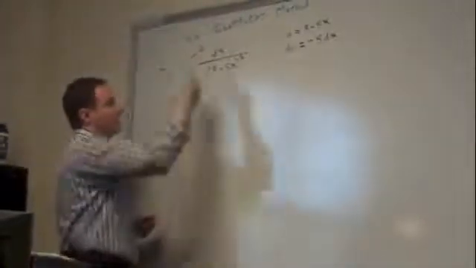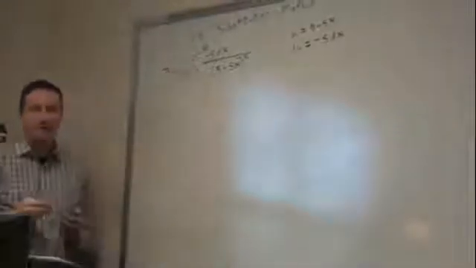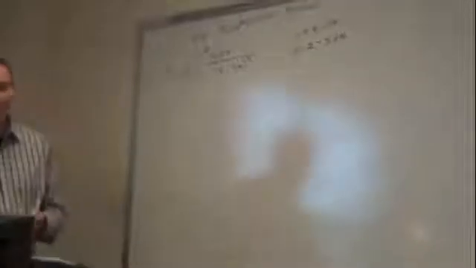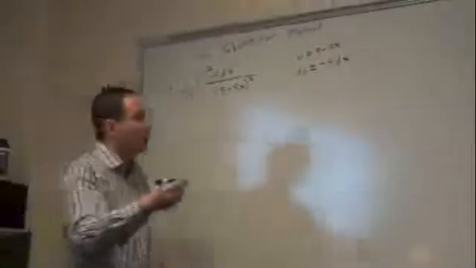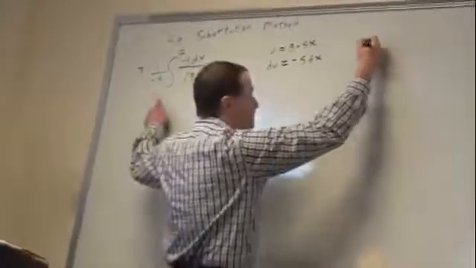Before I worry about my limits of integration, I'm going to go back and make sure this problem works. I need to see a negative 5 dx on the inside. So I'll say, well, that means I need to multiply the inside by negative 5, which means I need to divide by negative 5 on the outside. So I'll say, okay, now the problem can have a U-substitution. When I do the U-substitution, I'll also change the limits of integration.